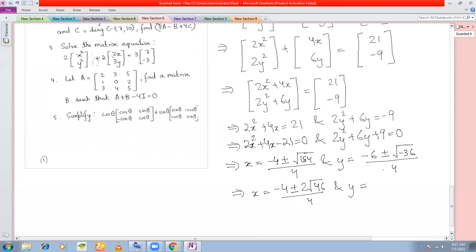And for y, you can convert √−36 to 6i. So you get (−6 ± 6i) / 4.